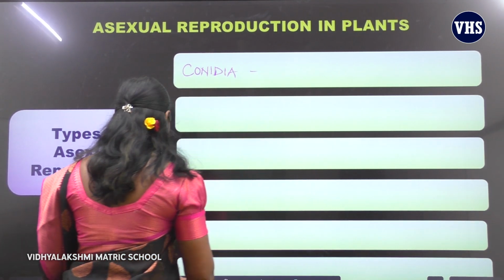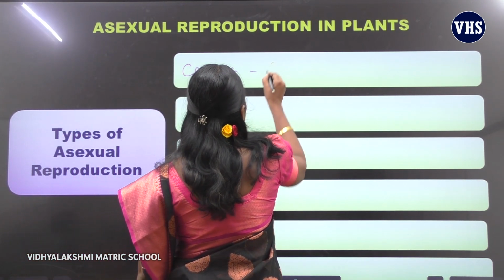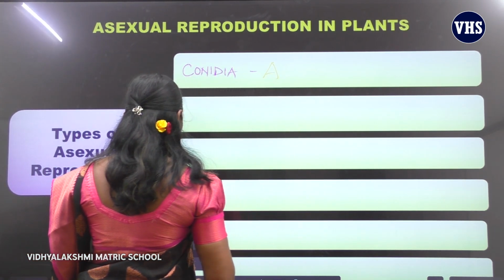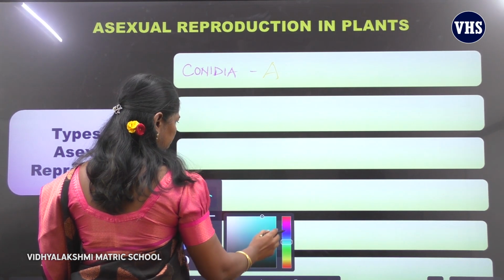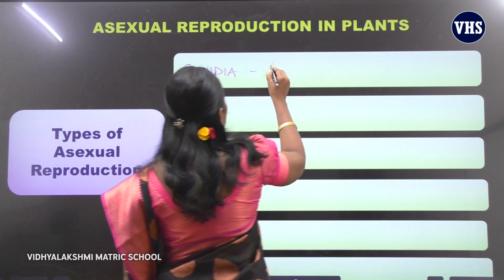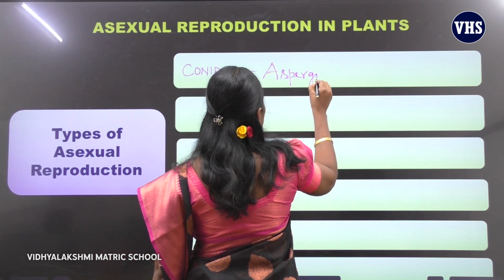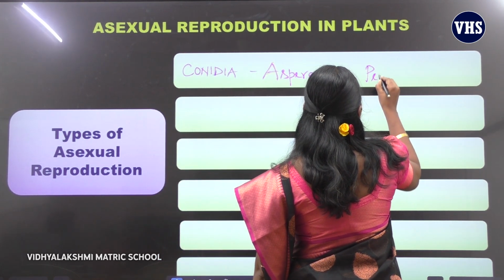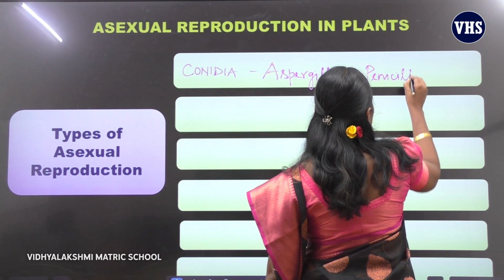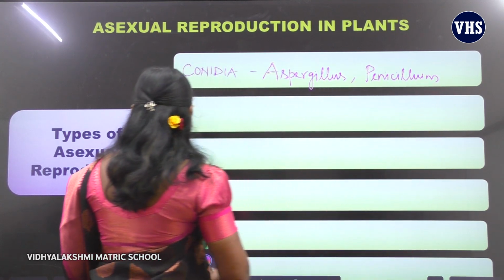What are the examples for conidia? Number 1 is aspergillus, and another one is penicillium. This is the conidia formation.